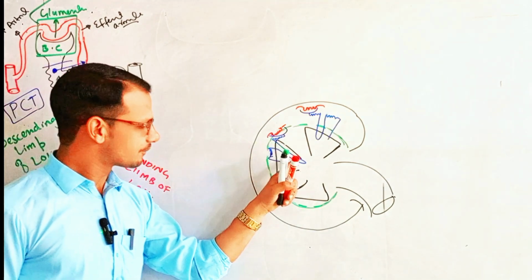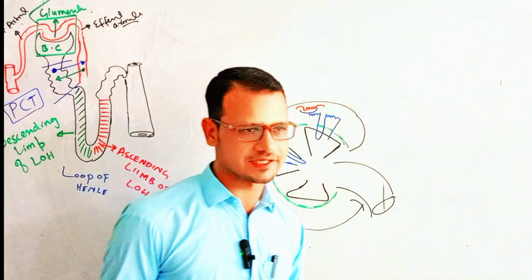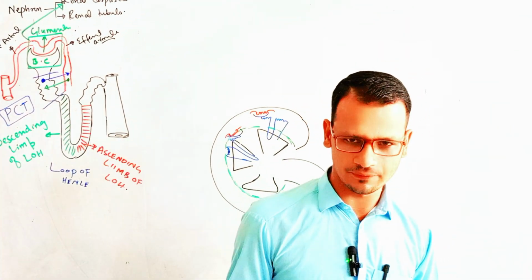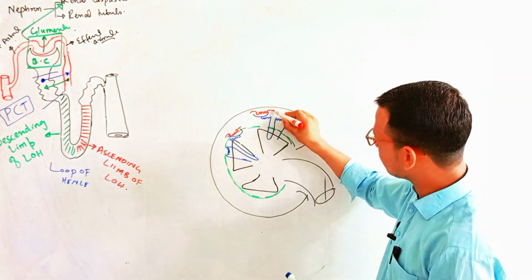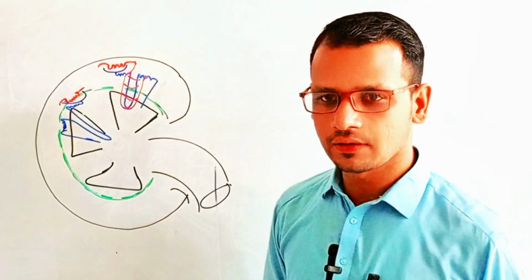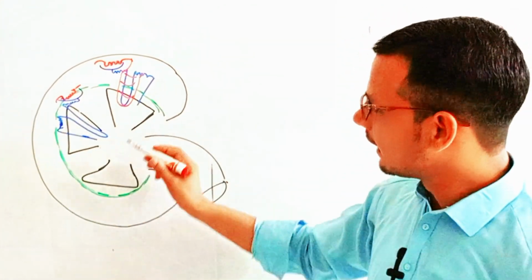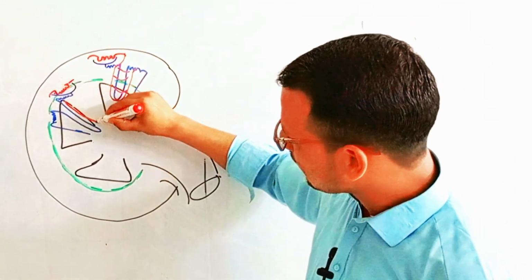Right, here I have discussed that in the medulla there is a lot of salts, a lot of solute concentration. Right. In cortical nephrons we have peritubular capillaries, right? Peritubular capillaries, and in juxtamedullary nephrons we have vasa recta.